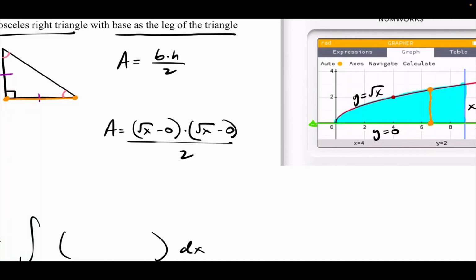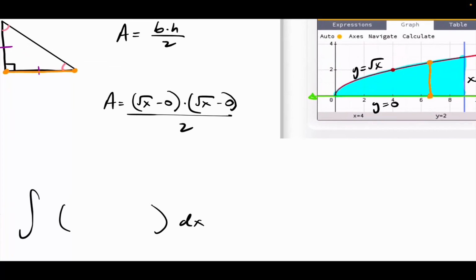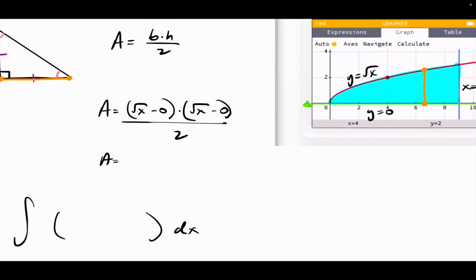Which is the same as the height. Well, the square root of x minus 0 is the square root of x times the square root of x over 2. What is the square root of x times the square root of x? X over 2. That's what we're going to put in.